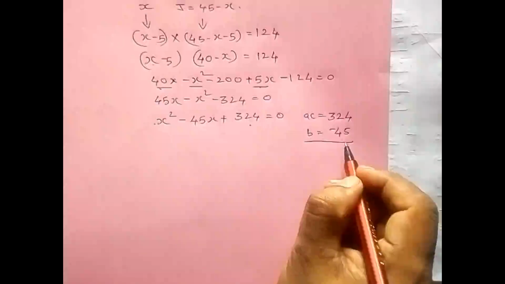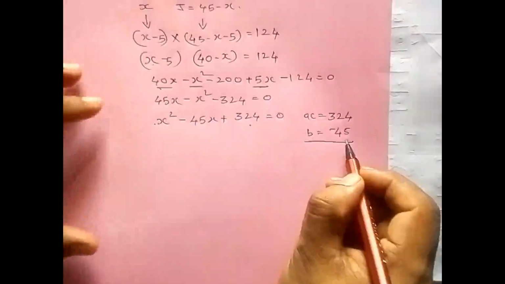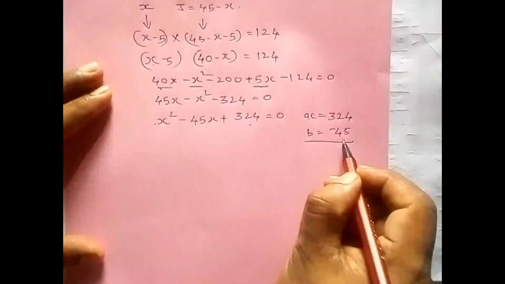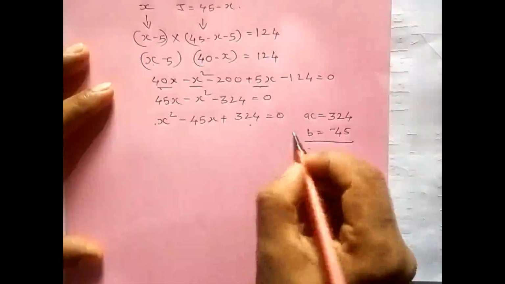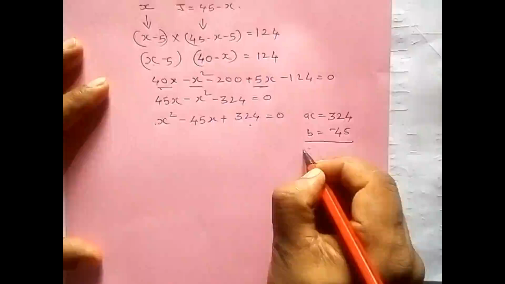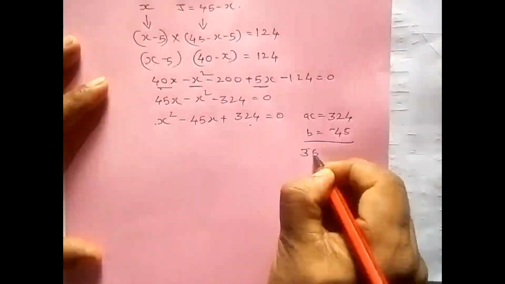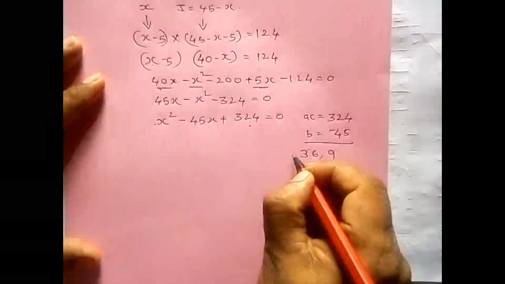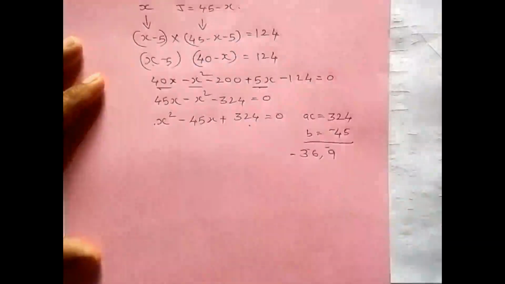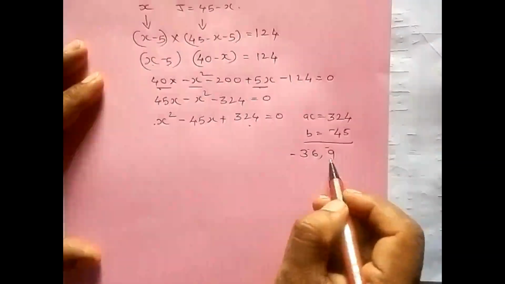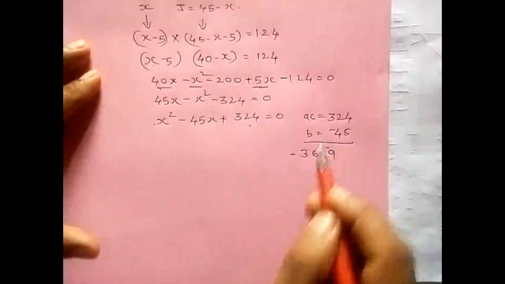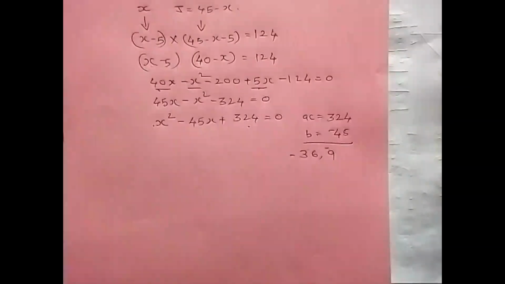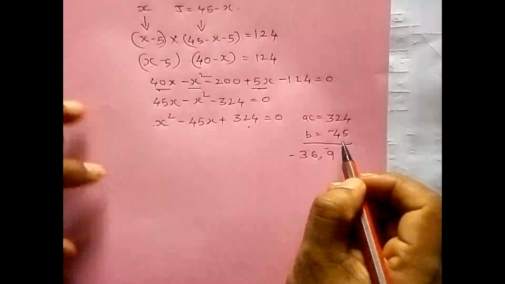Since the sum is negative, both the numbers should be negative. After a little figuring out, you can see that 36 and 9 will match the requirement. Minus 36 into minus 9 is plus 324, and minus 36 plus minus 9 is equal to minus 45.